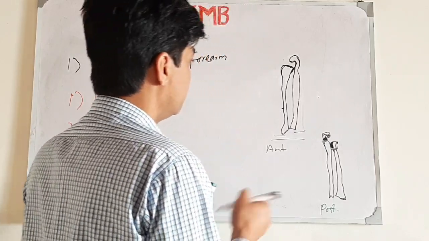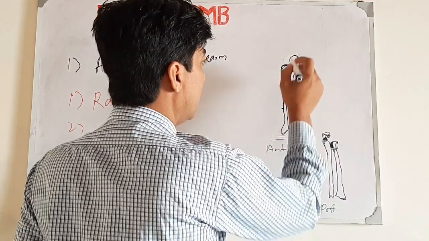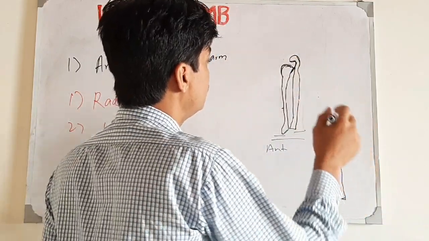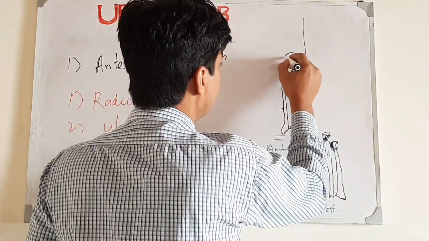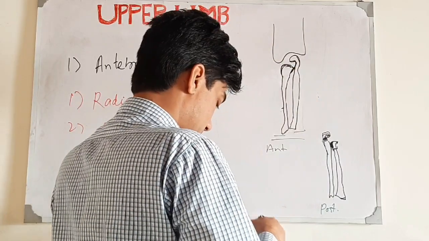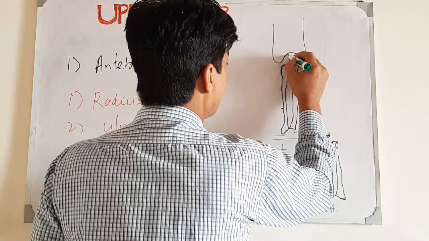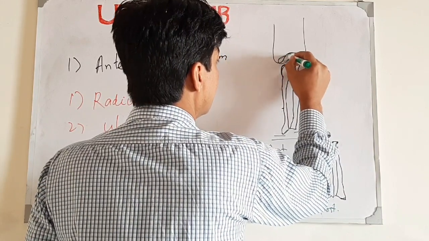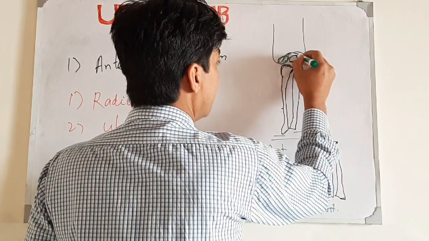Of the radius bone, this is the proximal part and this is the distal part. The proximal part forms the elbow joint with articulation of the humerus. Here is the humerus, the distal part of the humerus. Here are the condyles we have discussed. There were two condyles, one lateral and one medial.